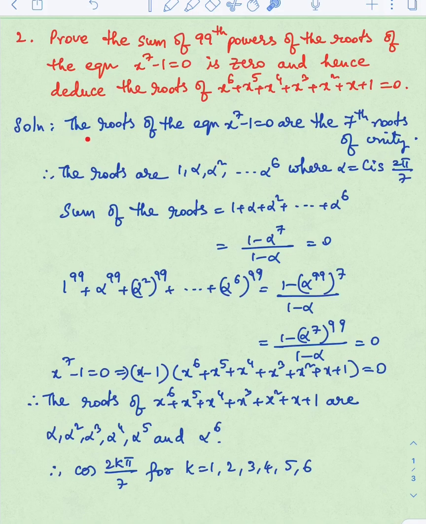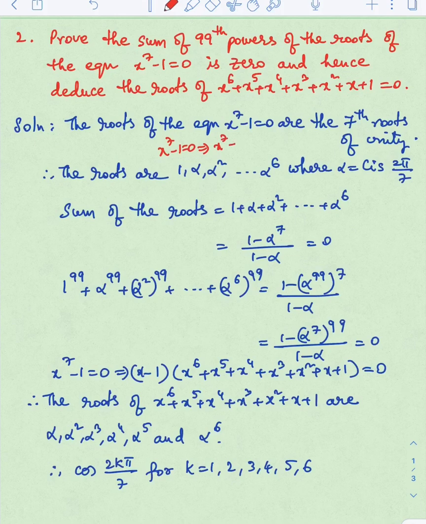For that sake, how to begin the problem? See, the roots of the equation x power 7 minus 1 is equal to 0. So its roots are what? 7th roots of unity. How can we say that?